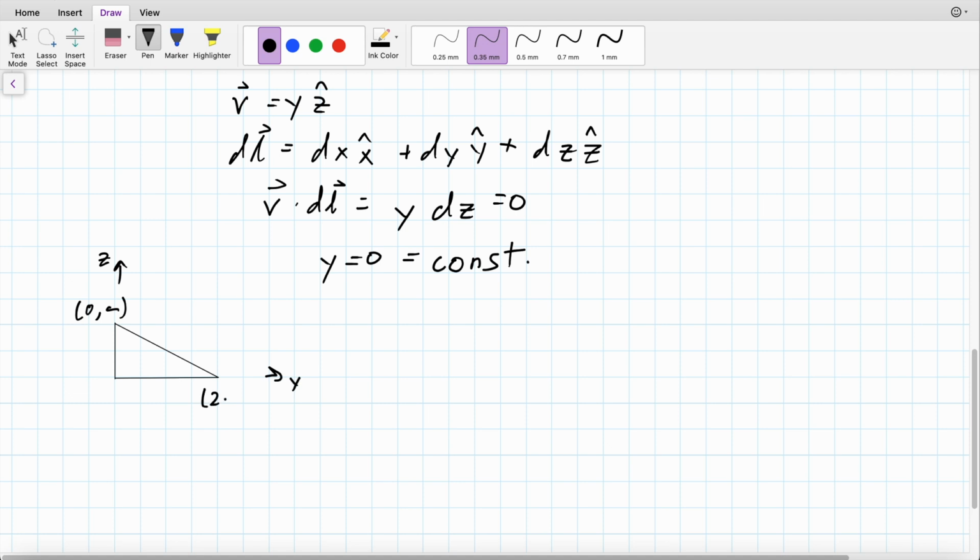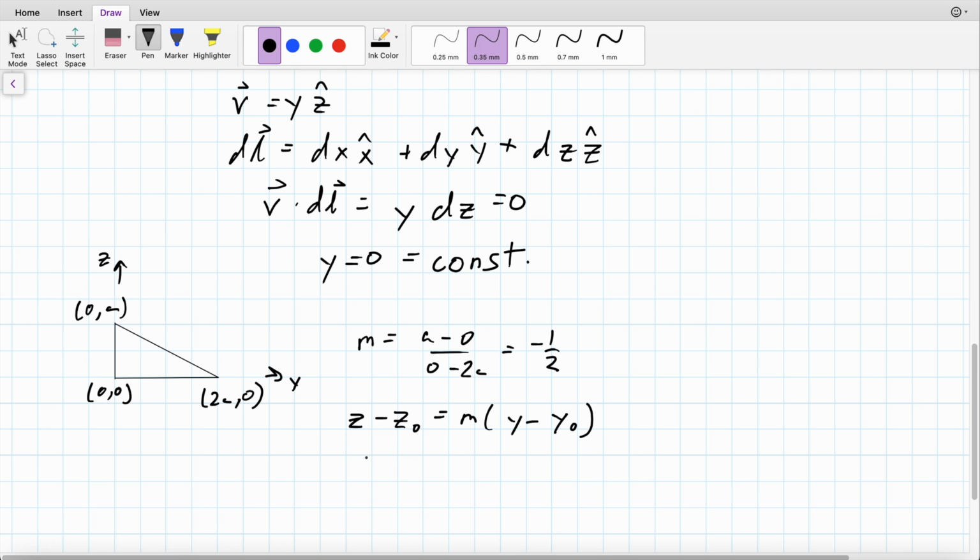This is 2a, 0. And again, origin over here. Okay, going about it similarly, slope a minus 0 divided by 0 minus 2a, negative 1/2, z minus z naught is equal to m times y minus y naught.